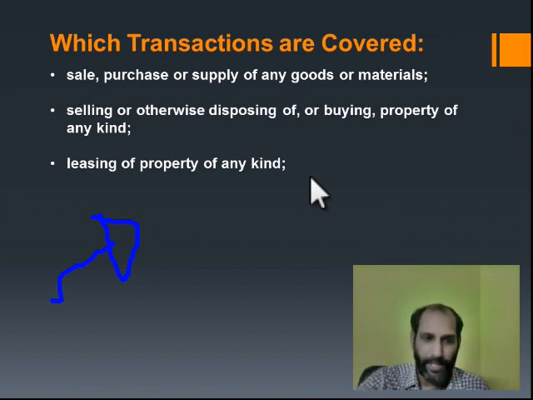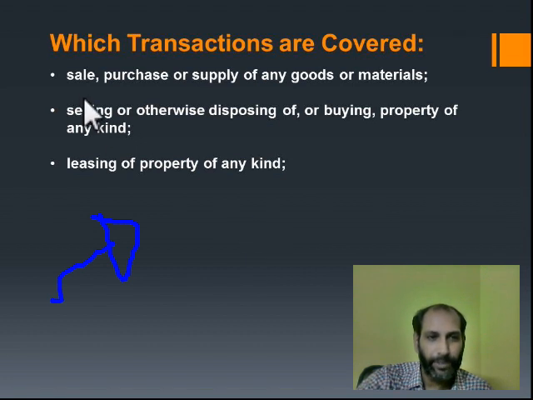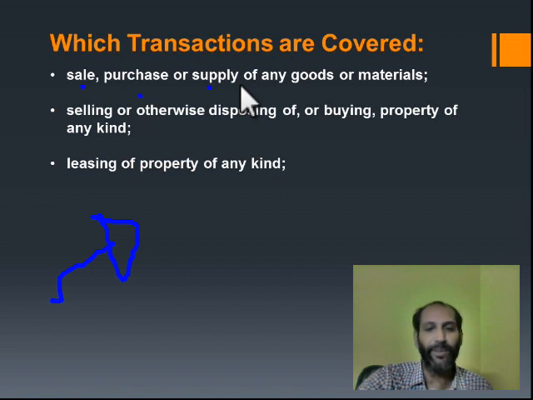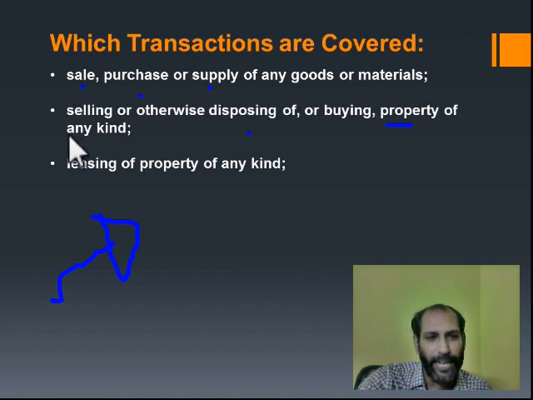So all transactions, I will list them out: sale, purchase, supply of goods or material. That means everything is covered: sale, purchase, supply. Then buying, selling, disposing of property of any kind. See the word any kind. That means movable property, immovable property, intellectual property, intangible property.